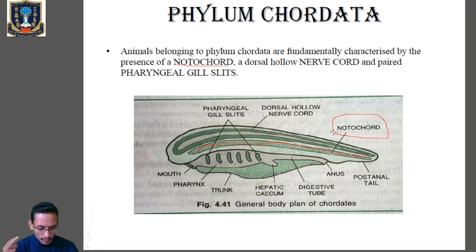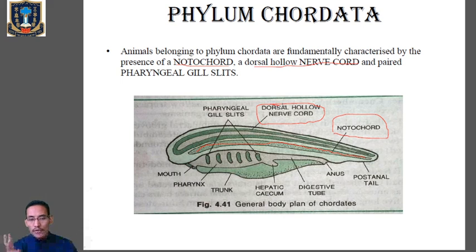The second important feature is the presence of a dorsal hollow nerve cord, which is mainly differentiated into brain and spinal cord. So the first feature was the presence of notochord, and the second is the presence of dorsal hollow nerve cord, which usually differentiates into the brain and spinal cord.